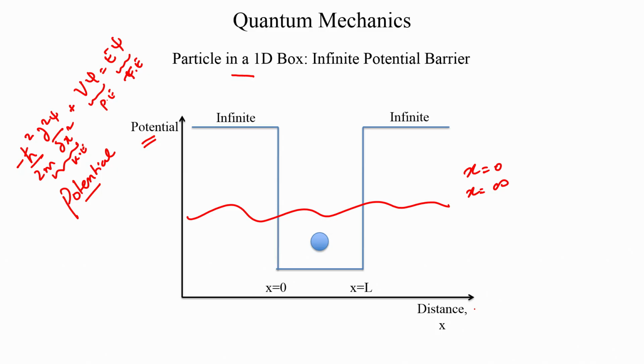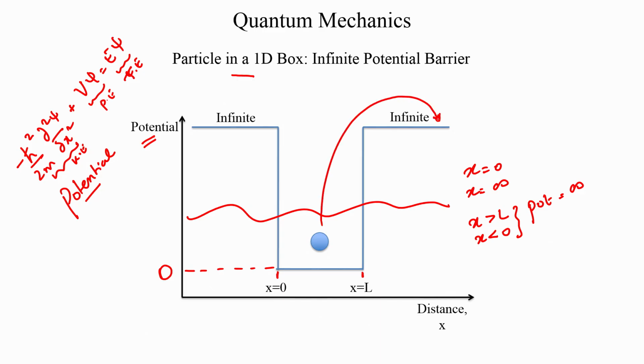But the potential profile is such that between x equal to 0 and x equal to L, the potential has a value of 0, and in the regions outside x equal to L and below x equal to 0, the potential has a value of infinity. This implies that the electron or the particle we are considering has to have an infinite amount of potential energy in order to be located in these regions.